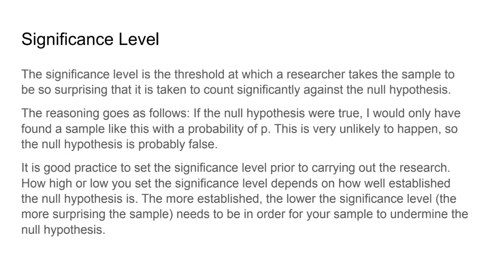And that means we demand a very low significance level. We need to find a sample that is very, very surprising, that has a very low probability to be found if the null hypothesis was true.